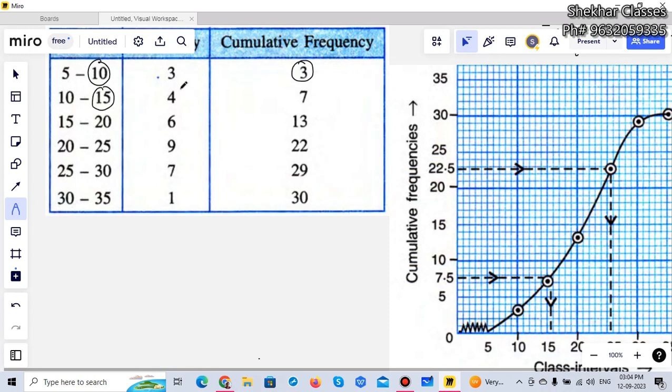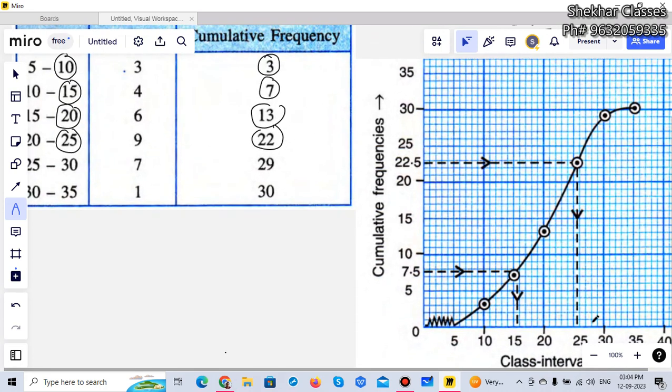Then less than 15, that is 15 and 7. You can see this is 15 and this is 7, right? So we have to mark it here. Then 20 and 13. Then 25 and 22.